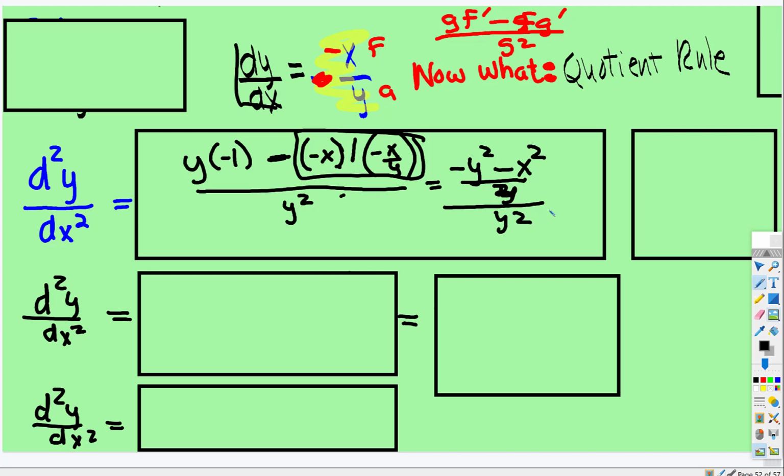And then you can go ahead and multiply top and bottom by 1 over y squared. And what you are left with is negative y squared minus x squared all over y cubed. And that's it.